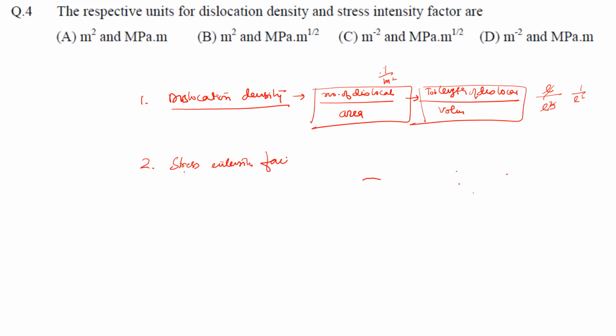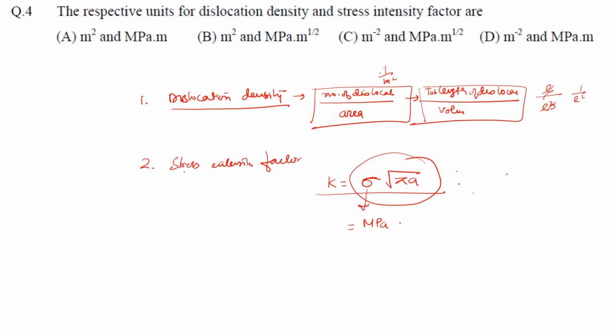Intensity factor. We know stress intensity factor, that is K equal to sigma root over pi a, right? This is the formula. Where sigma is the stress, so stress has MPa, or Pascal you can take.